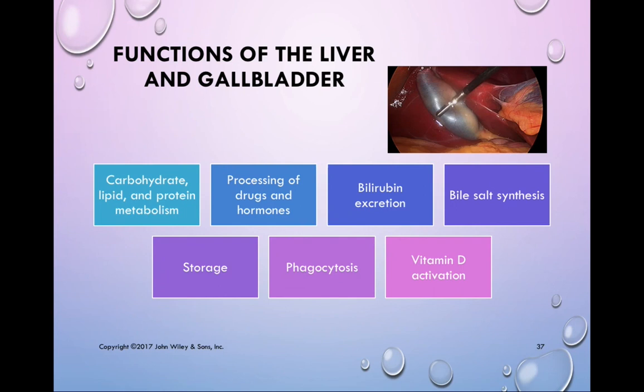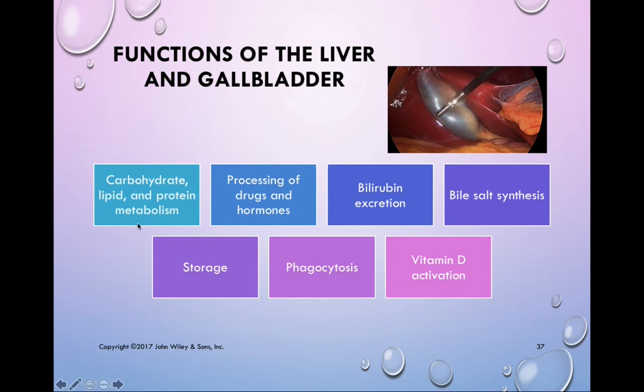So to summarize the role of the liver and the gallbladder in the digestive system, we can see the functions of these organs listed on this slide. The liver is going to play a very, very big role in metabolizing carbohydrates, lipids, and proteins. As the liver receives nutrient-rich blood from the digestive organs, this is where we're going to offload those macromolecules so that we can break them down and use them for energy.